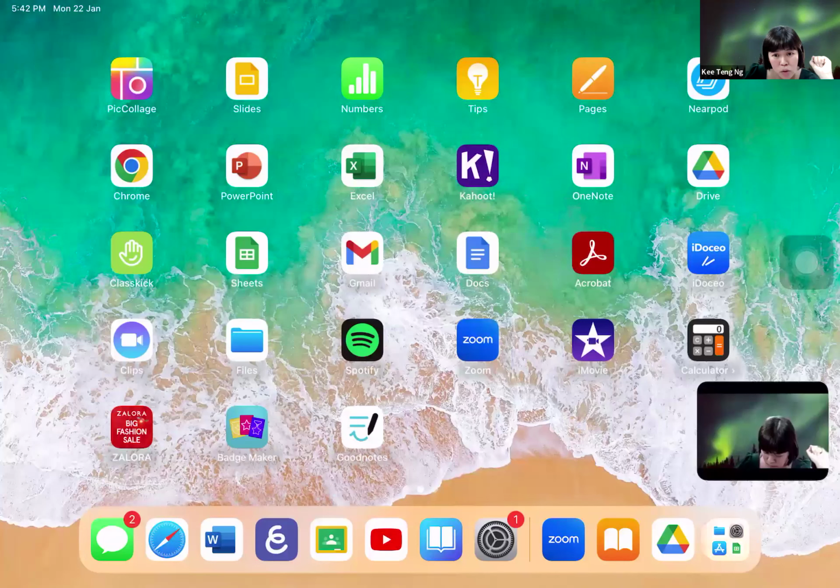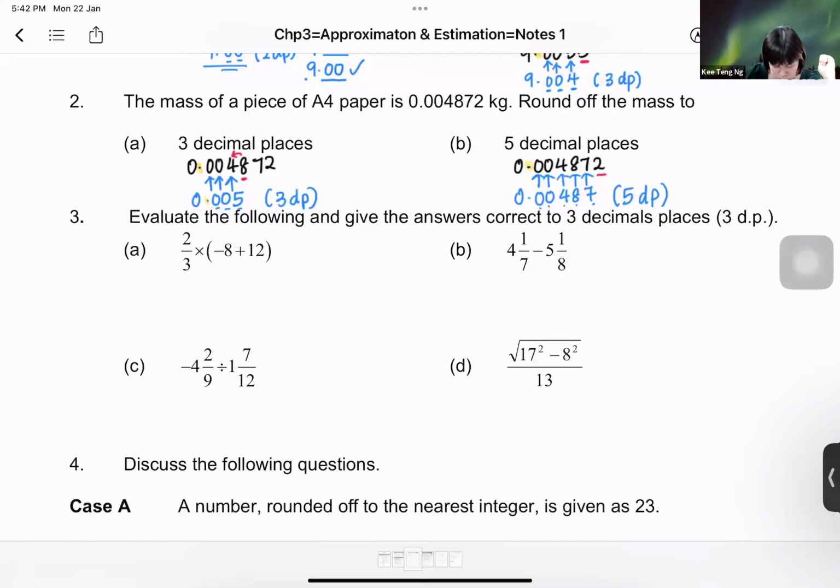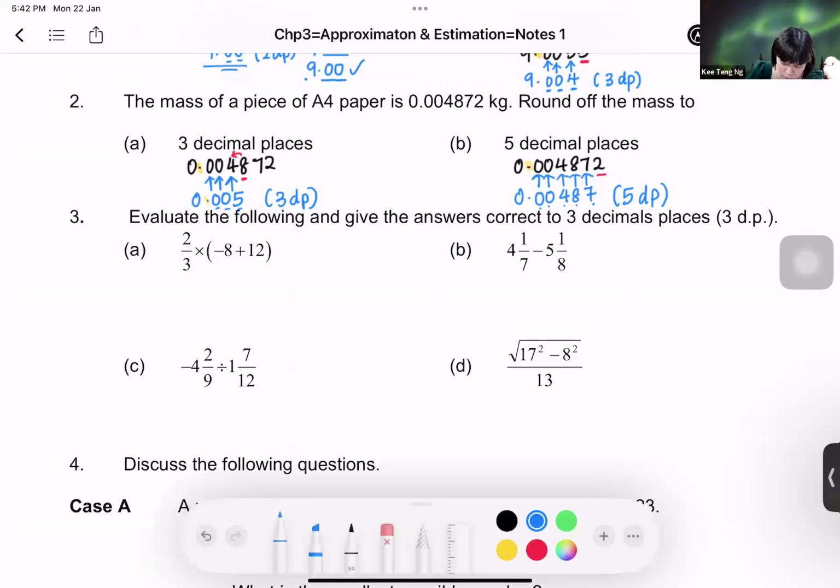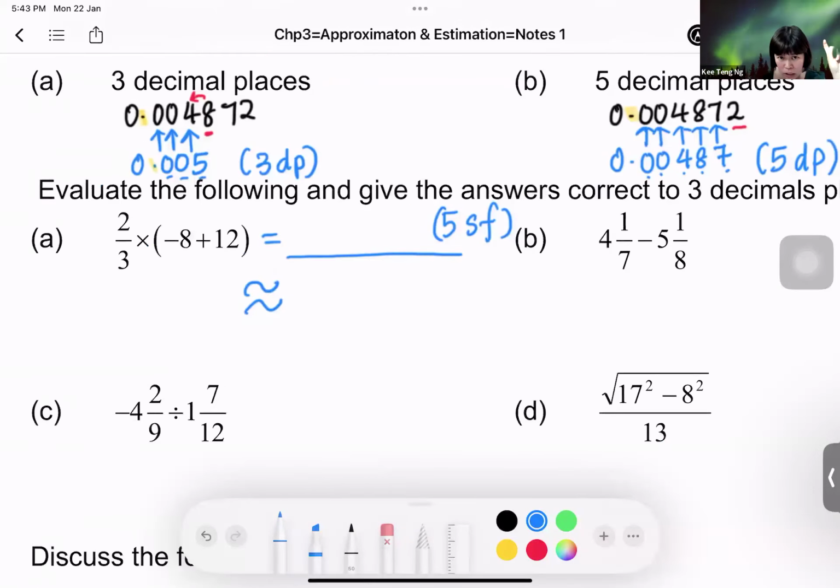Okay, so you need to do question number 3 over here. So I need you to finish up all of question number 3, A, B, C, and D. Write down for me your answers as accurate as possible, at least to 5 significant figures. Then you round off your answer. Notice where I write rounding off my answer is a curly equal sign to 3 decimal places.